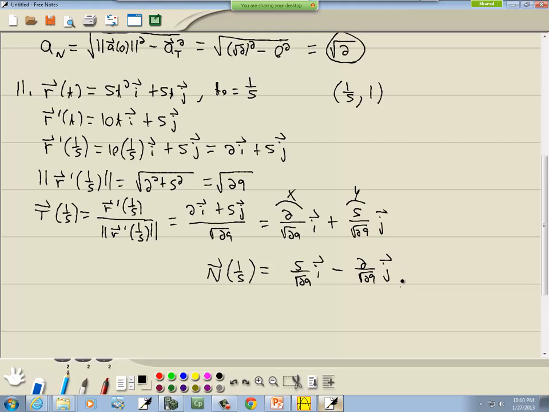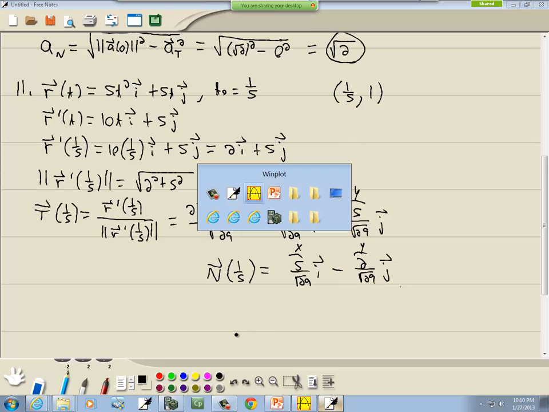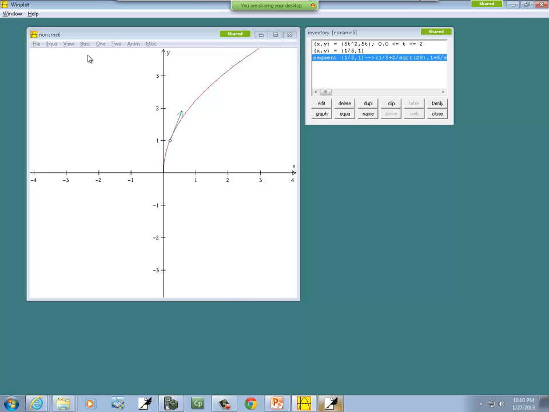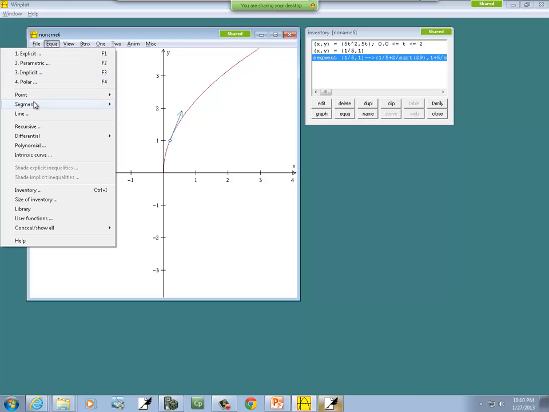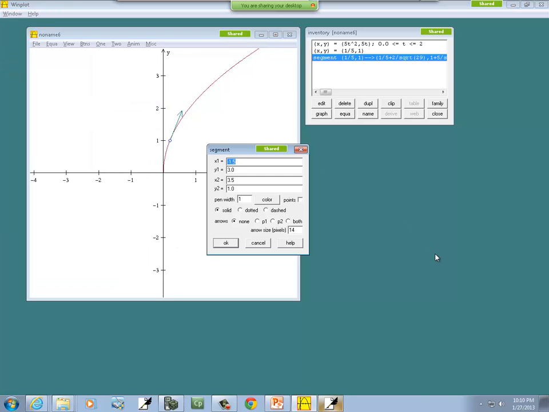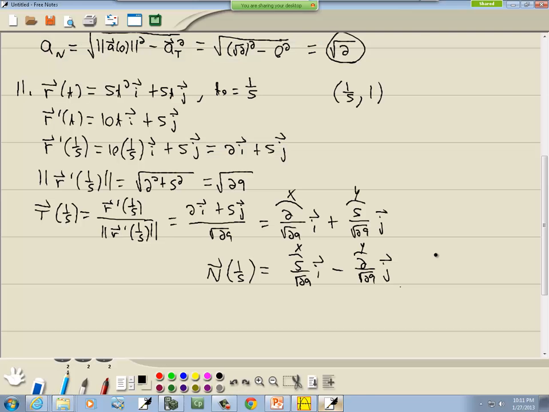Now if I were to graph it, again I'd start with my basic point here, 1/5, 1, and I'd add the x part onto the 1/5, and I'd add on the y part to the 1. So let's go ahead and do that just to show the graph. So I'll do equation, choose segment, choose xy. And x1 will be 1/5, y1 will be 1, x2 will be 1/5 plus 5 divided by square root of 29.